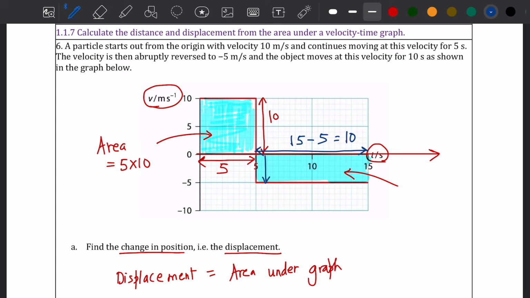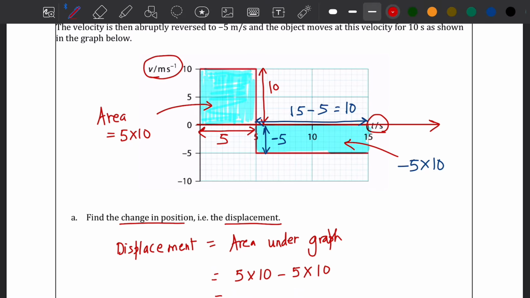And the height here, or the other length, is minus 5. You can see that. So we can write the area as minus 5 multiplied by 10. So the area here is 50 minus 50, which gives you 0 meters.